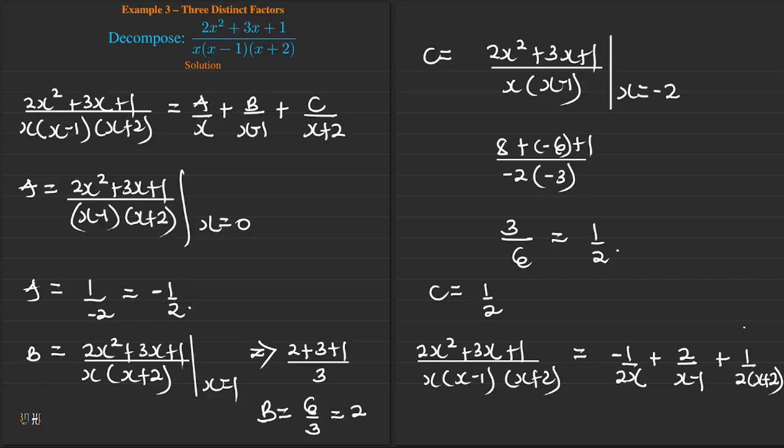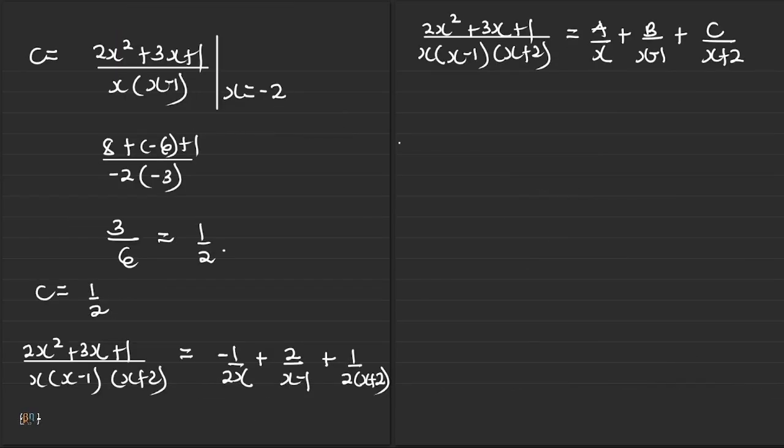With that, let's quickly look at the method of undetermined coefficients. For this method, we know we have to multiply each and every term by the LCD we have here. For the left-hand side, that gives us 2x squared plus 3x plus 1, which is equal to a.